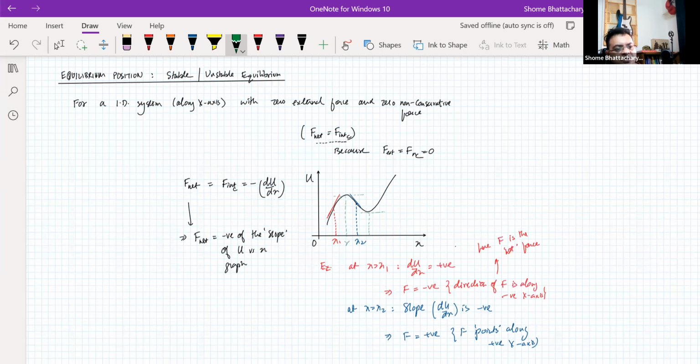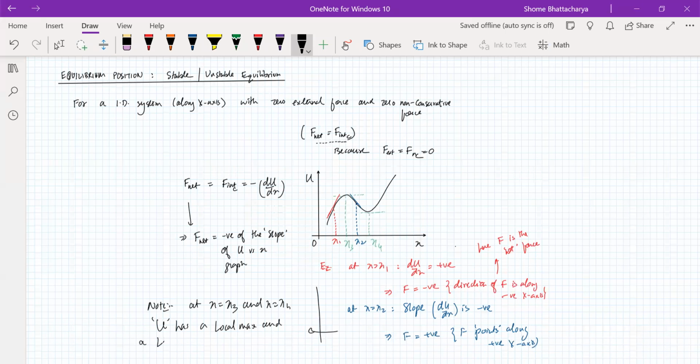So if these points are, let's say, x3 and x4 respectively, you can see that at these 2 points, U has a local maxima and local minima, respectively.